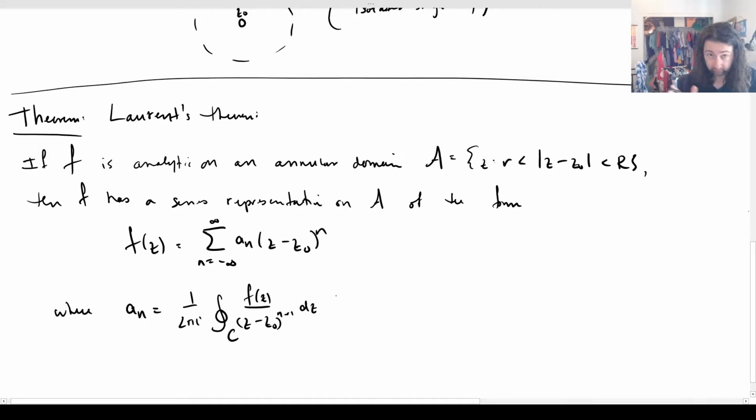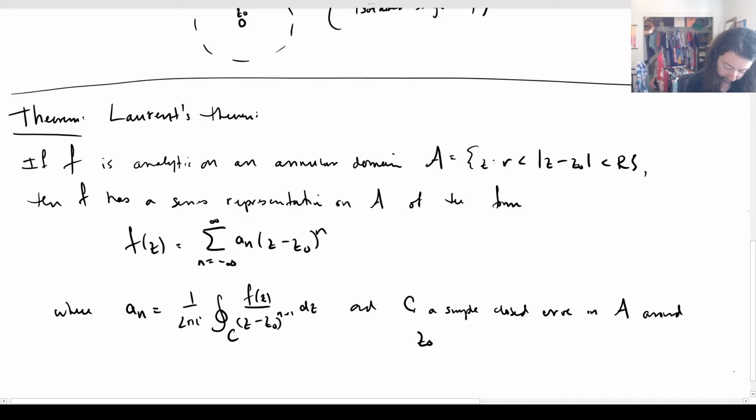And that works for all n now, not just the positive n's. And that's where c is a simple closed curve in the annulus that goes around the center z naught.